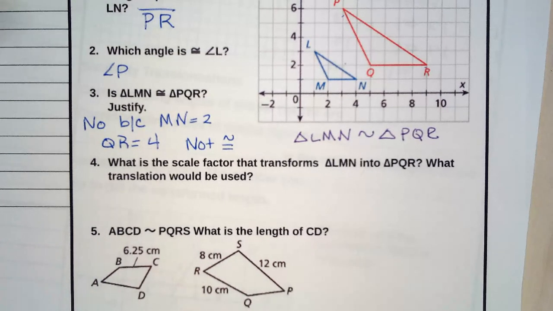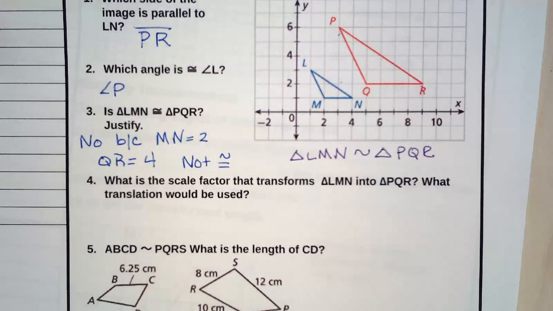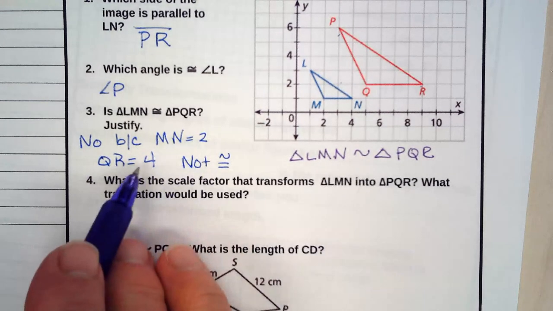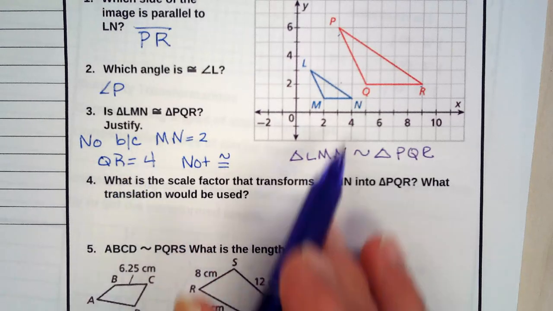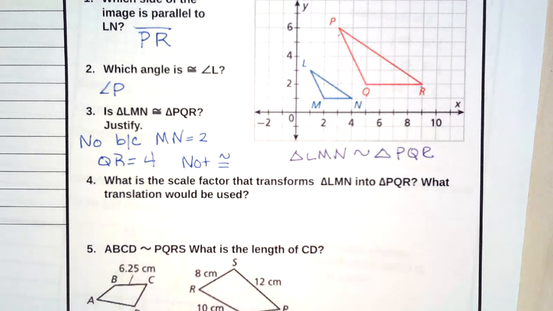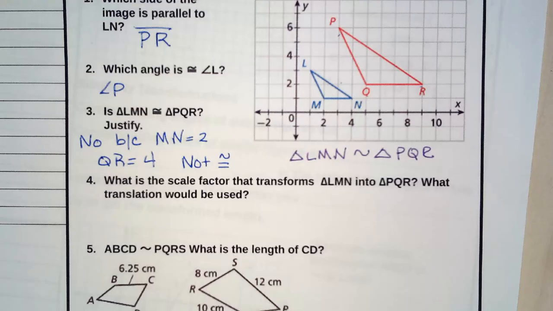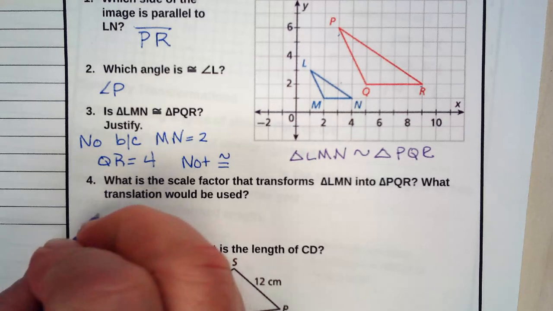Okay, what scale factor transforms it onto PQR? Well, we're going from the smaller one to the bigger one. So your scale factor would be 2.